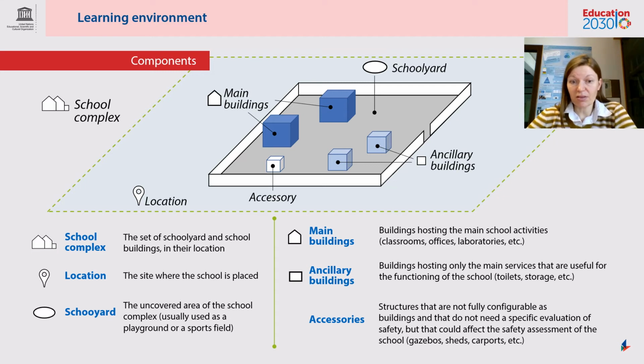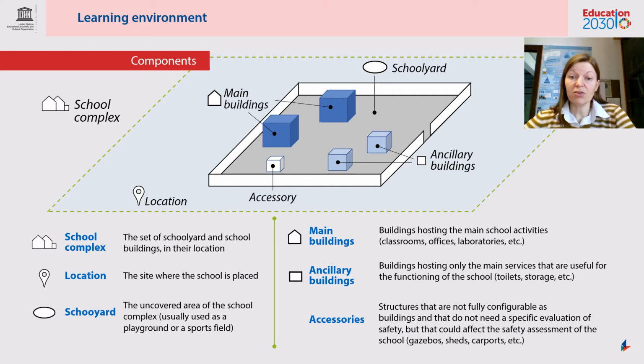The main buildings of the school complex are the buildings hosting the main school activities, so classrooms, offices, laboratories, and so on. While the ancillary buildings are the buildings hosting the main services that are useful for functioning of the schools, such as, for example, toilets, archives, storage, and so on.